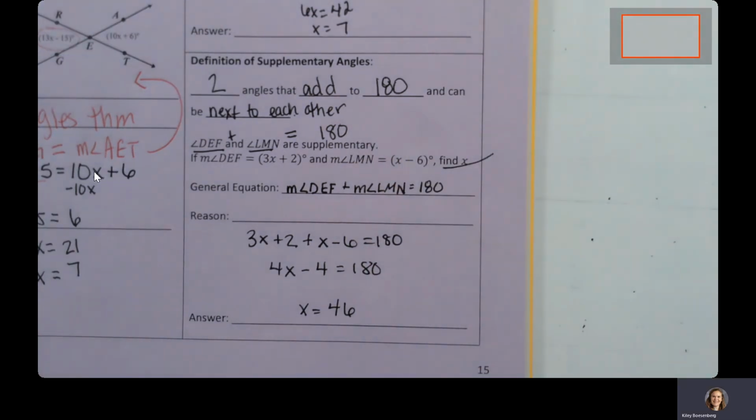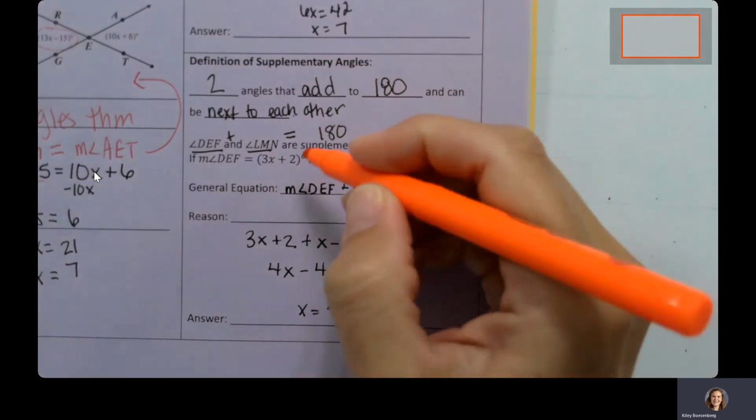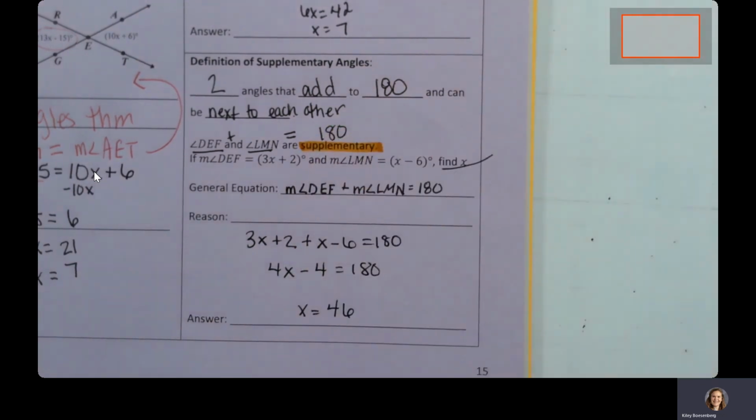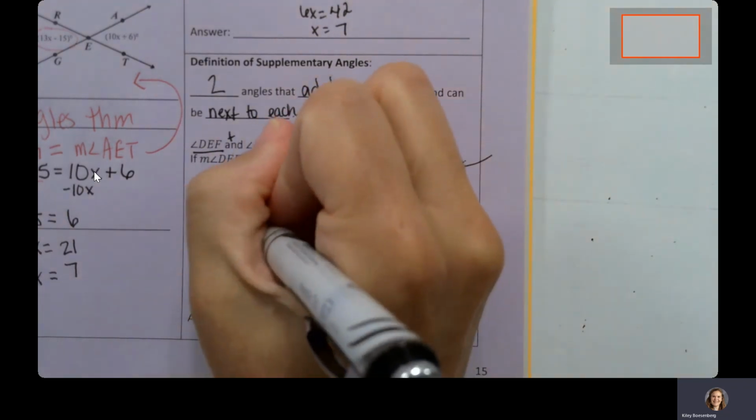Okay, so I'm going to say that one more time, because sometimes, I don't know about you guys, but sometimes I just zone out for a second and I don't catch something. So I'm going to say it again. If there's a vocabulary word in the problem, the reason is always going to be the definition of that vocabulary word.